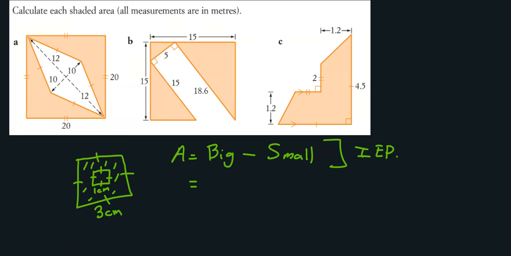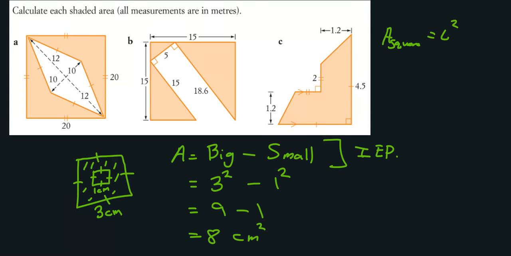So the area of the big square is 3 squared. Forget the area of a square is length squared. And we're going to subtract the smaller area. So we get 9 subtract 1. So that gives us 8 centimeters squared.